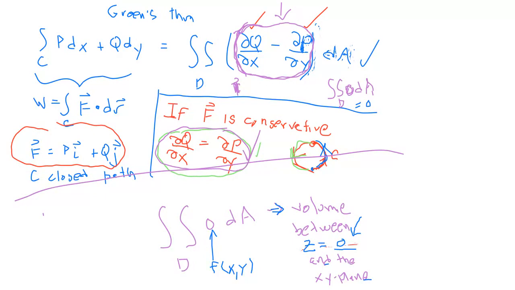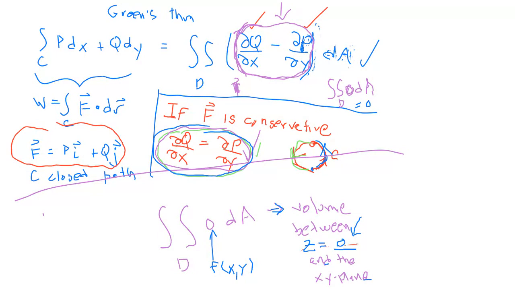Wonderful, Madeline. And a lot of times Green's theorem is a little hard for people to remember. Of course, you'll have access to the book on the final exam, right? But it helps me to remember it just by this idea that if I have a conservative vector field, the work is equal to 0 for the closed path.